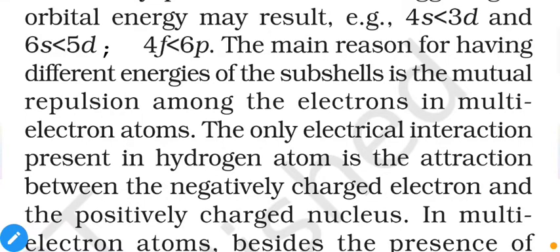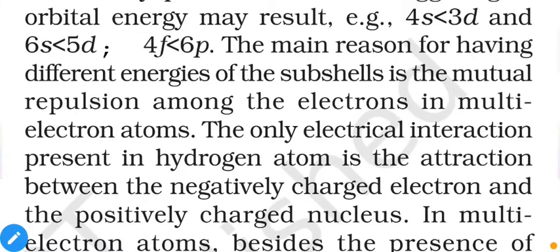The main reason for the difference in energy of the subshells is the mutual repulsion among the electrons in a multi-electron atom. As mentioned in the initial stages of this unit, like charges repel each other and unlike charges attract each other. So electrons repel each other.